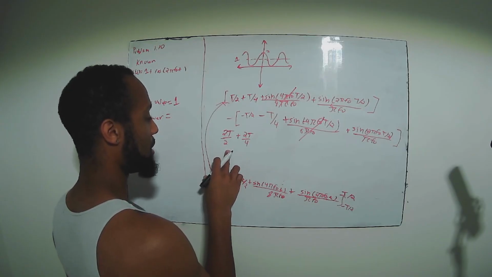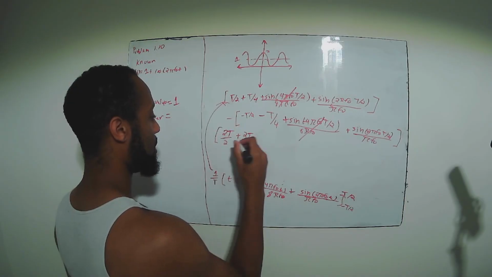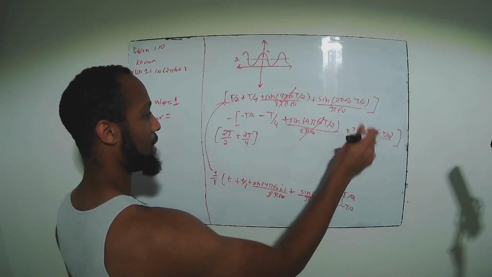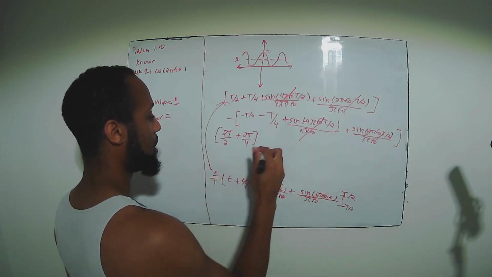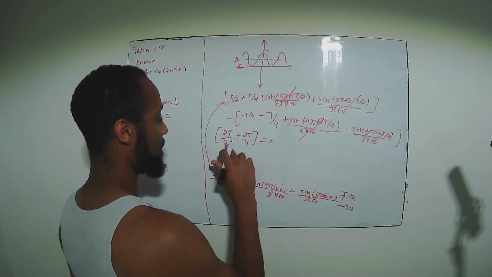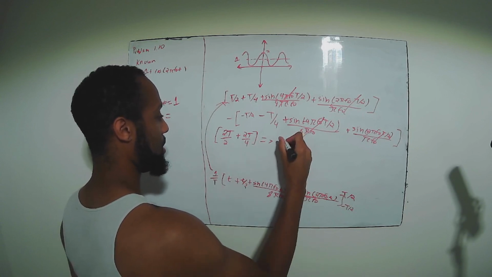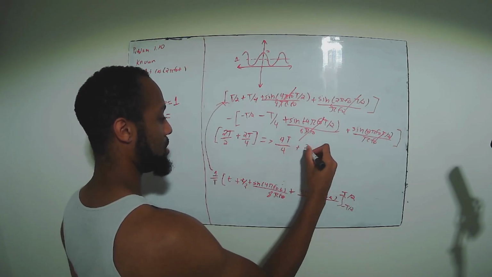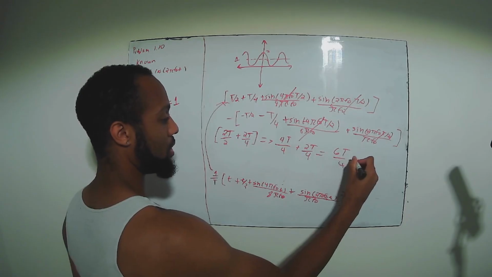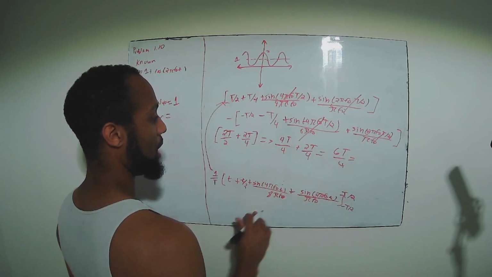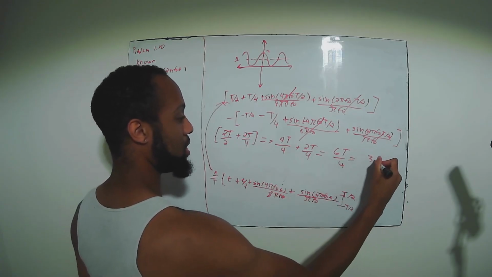I think these sine sides are going to cancel one another out here. What we end up getting here is 4T over 4 plus 2T over 4, and that ends up being 6T over 4, which is 3T over 4.